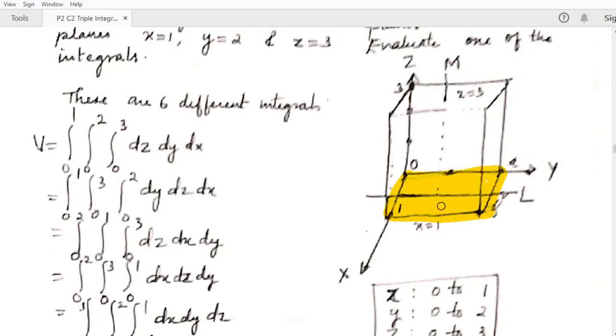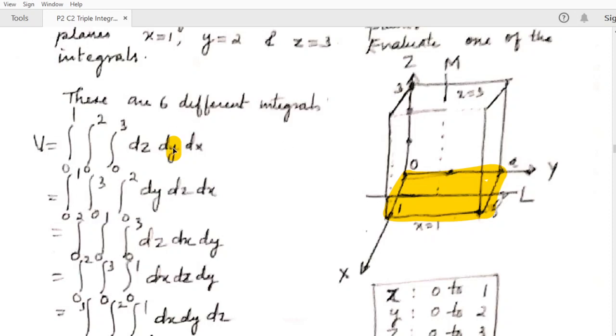Next we have to see the order in which we have to find the limits. Here first we have to find the limit of y, and then the limit of x. Like we have done in two-dimensional space, the same procedure we will be doing here also.